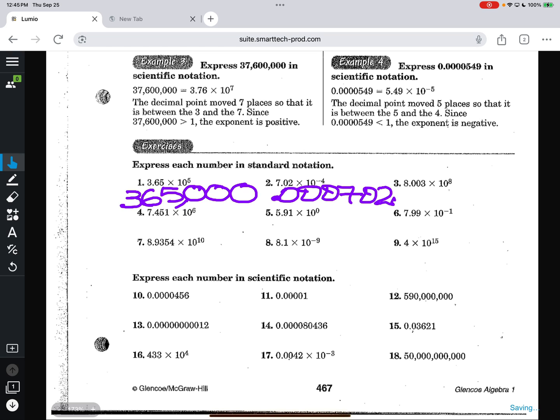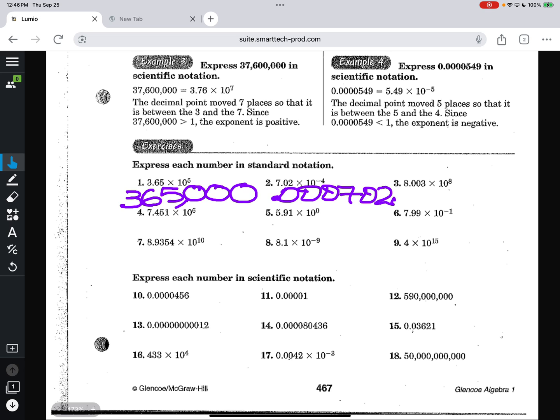Again, I did not say this a minute ago, I meant to. When you're in scientific notation, the largest place value spot is the ones place. Every other number is going to be in decimal land. Okay? So you won't have 30.4. It would need to be 3.04.